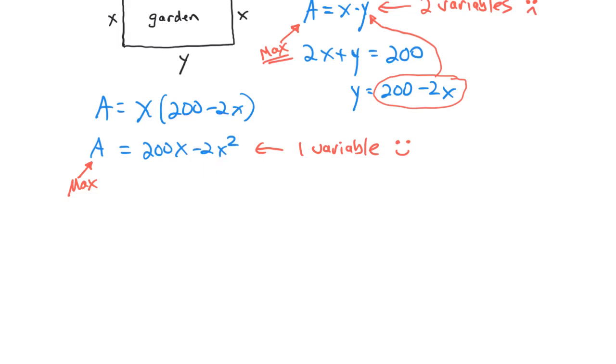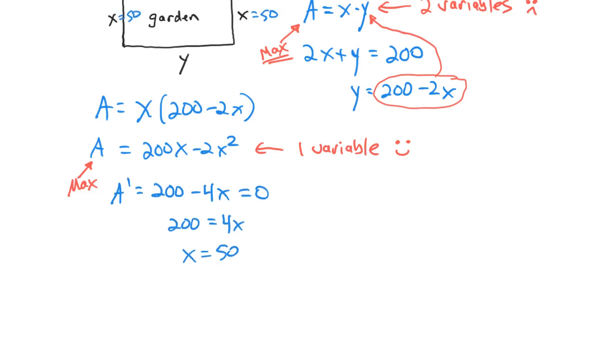So this one's got a very easy derivative. Area prime is 200 minus 4x. We set this equal to 0. 200 equals 4x. Divide by 4 and x equals 50.